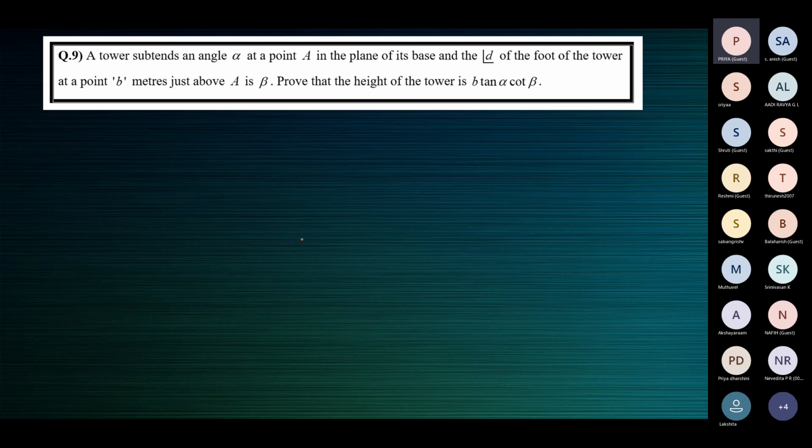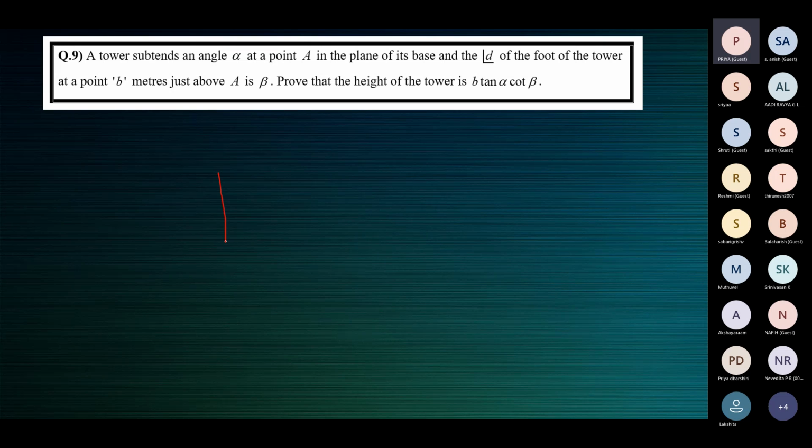The foot of the tower is on a plane, that is, on ground level, and this point A is on the same plane. It's not the angle of elevation; the tower subtends an angle alpha at a point A in the plane of its base.